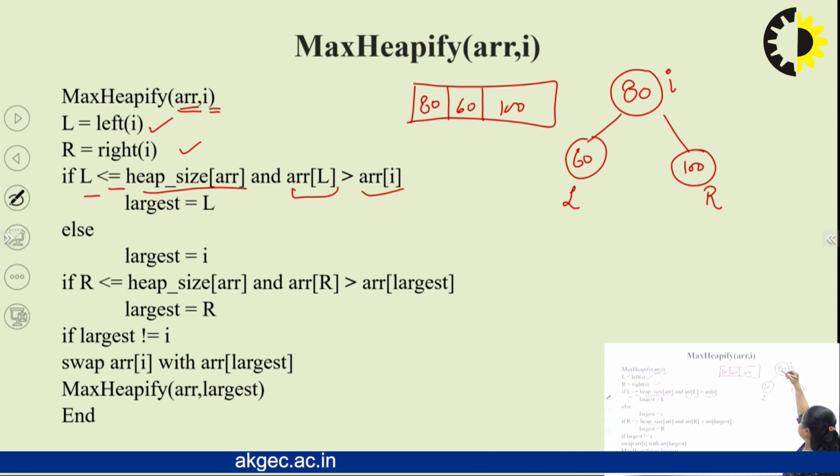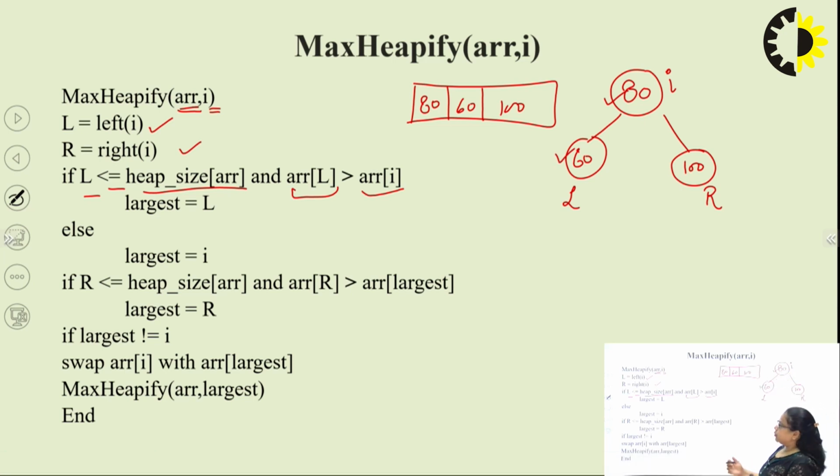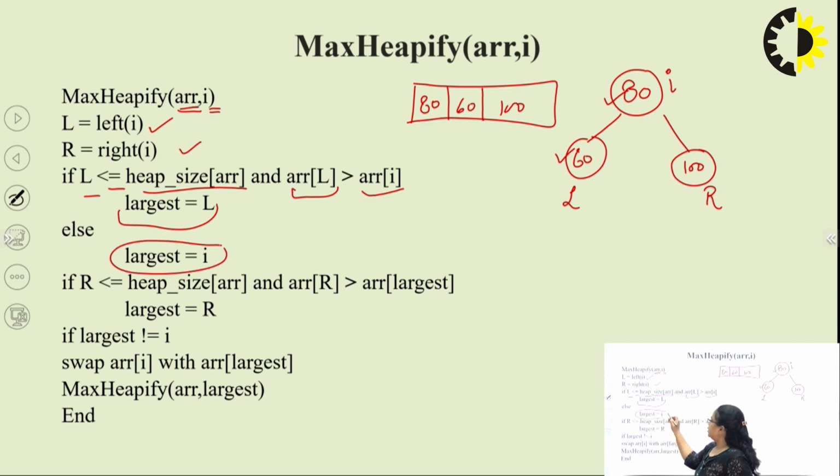Suppose, let's say, in this case 80 is lesser than 60, for example. So we will do the swapping. Now largest becomes L. Otherwise, if it is not possible, then what is the largest element? Obviously i itself. So in this case you can check that L is smaller than 80. So in this case what will we do?